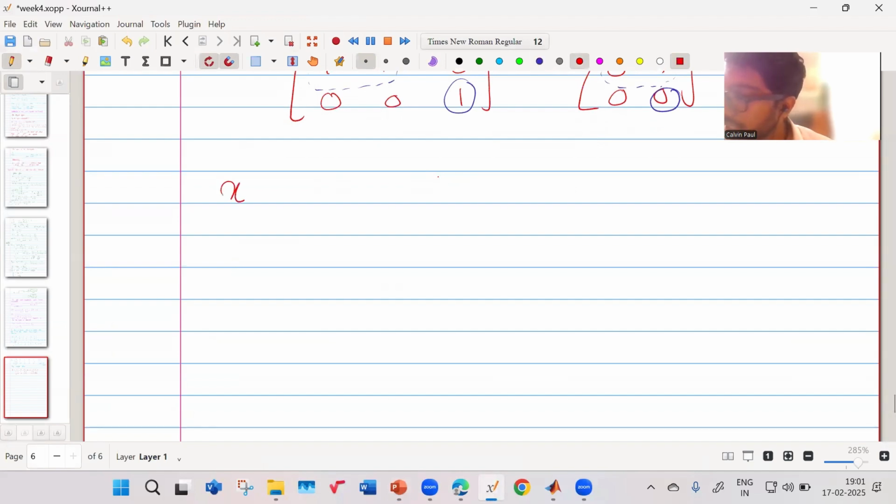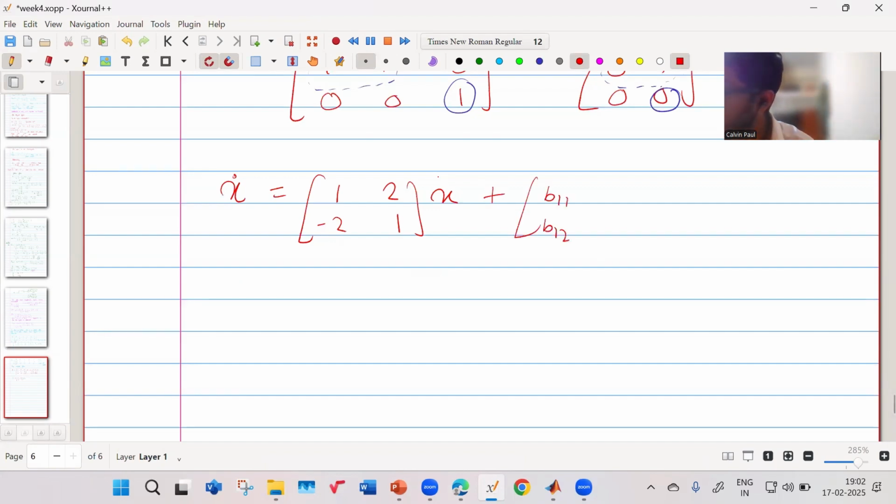So suppose we have a matrix x dot is 1, 2, minus 2, 1 into x. Right? This is our matrix. So what will be the eigenvalues? Let us find the eigenvalues. And let us say this is some b11, b12 into u. Something is there.